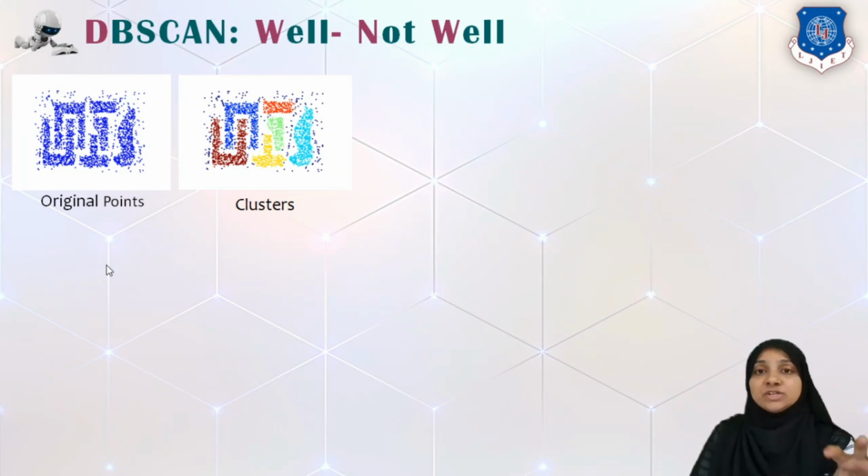As you can see, our original points are all marked in blue, and DBSCAN will give you different clusters marked by different colors. The first cluster is brown, the second is blue, the third is yellow, the fourth is green, the fifth is red, and the seventh is cyan. All those scattered black dots are nothing but noise in our data. So DBSCAN helps us identify noise or outliers in a given set of data samples.